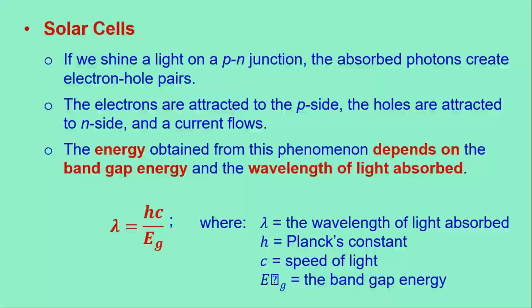Once we energize this PN device, we create those electron hole pairs. We can supply this energy through thermal energy, through the introduction of an electrical field, or, like in the case of solar cells, through solar energy. So the photons create these electron hole pairs.